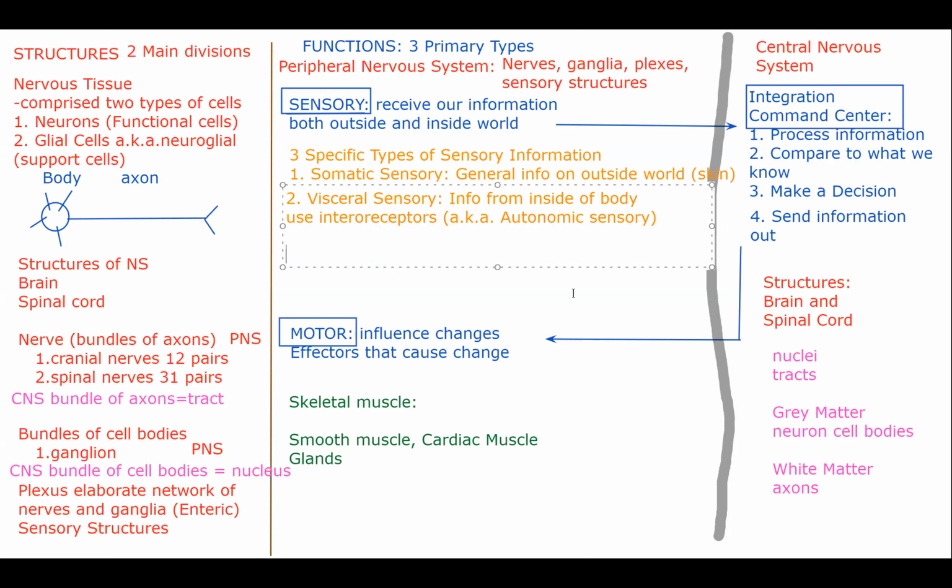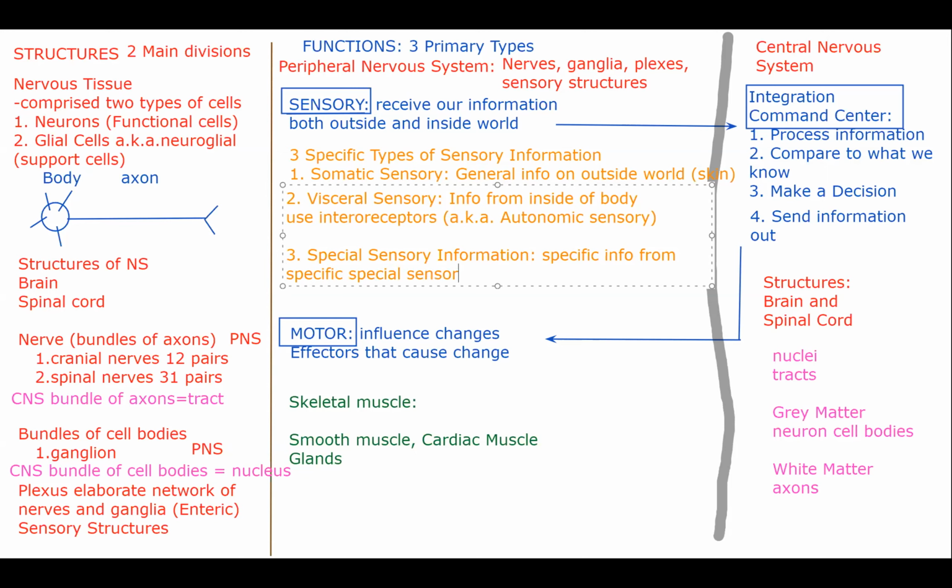Lastly, our third type of sensory information is our special sensory information. This is specific information, typically from a specific special sensory structure.